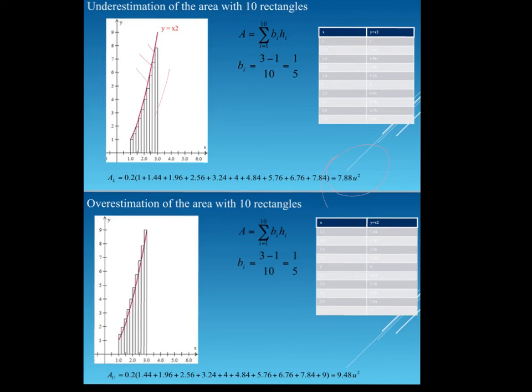This is an underestimation of 7.88, and this is an overestimation using 10 rectangles, which is 9.48. So what we can think is that the area using integrals, the integral of x squared dx from 1 to 3, is going to be between the underestimation, 7.88, and the overestimation, 9.48.